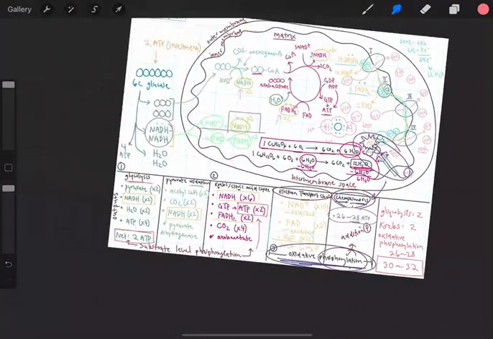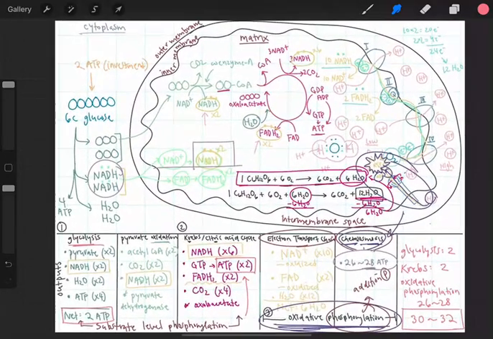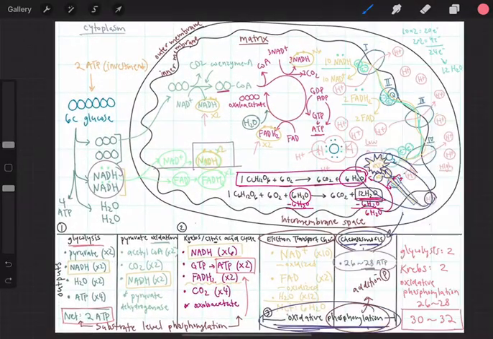All right, so here's what it looks like overall. This is everything about aerobic cell respiration that happens inside the mitochondria. So you can see there's a lot of action in the matrix of the mitochondria. The inner membrane is also going to see a lot of action.